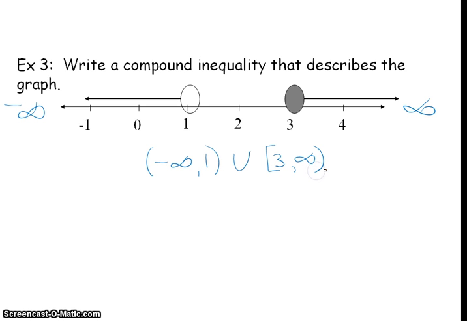And of course, we never have a bracket with infinity because infinity isn't really a number, right? It's a concept. Okay, and putting this in set builder notation, the set of all x's such that, sorry, my pen is malfunctioning, such that x is less than 1 or x is greater than or equal to 3.